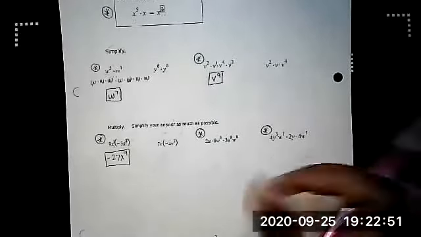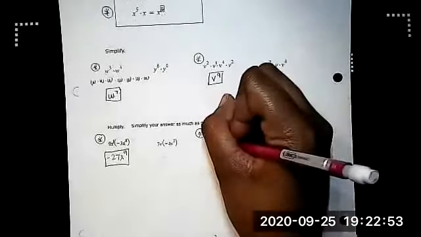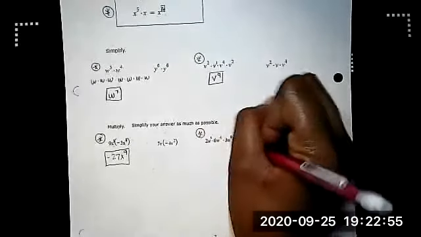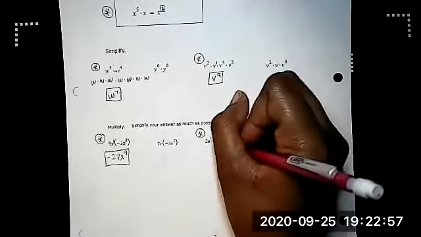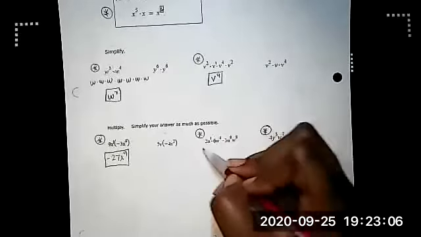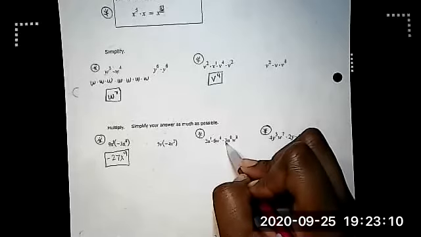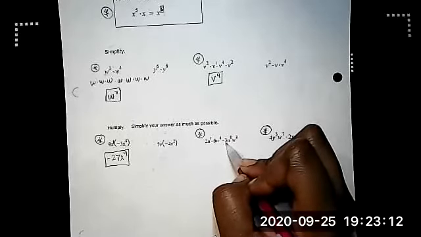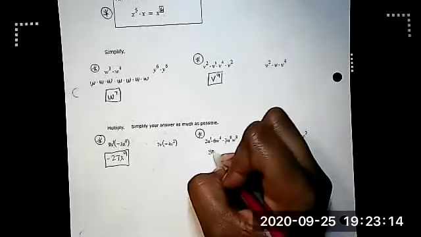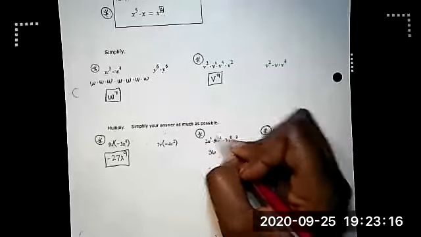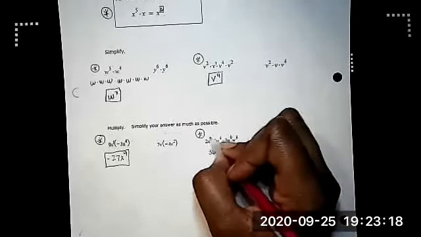Same situation here, and you're only adding it when the bases are alike. So we're going to multiply all the numbers. 2 times 6 times, 3, not 12. This is 2, this is 6, this is 3. Hopefully you have printed out these notes so that you can see them very clearly on your paper. That all together became 36. The bases have to be alike for the exponents to add.